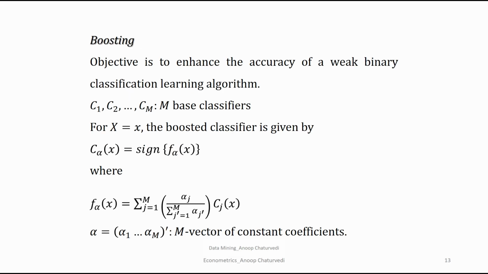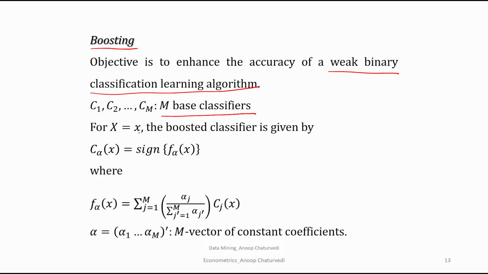Now, we come to boosting. The objective of boosting is to enhance the accuracy of a weak binary classification learning algorithm. And suppose C1, C2, up to Cm are M base classifiers.